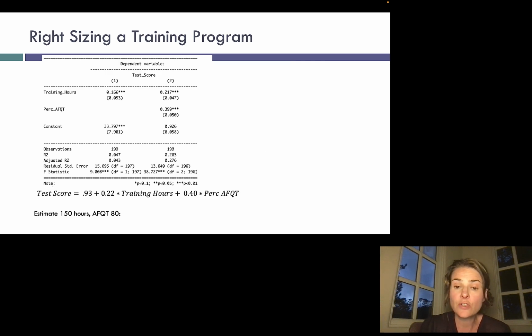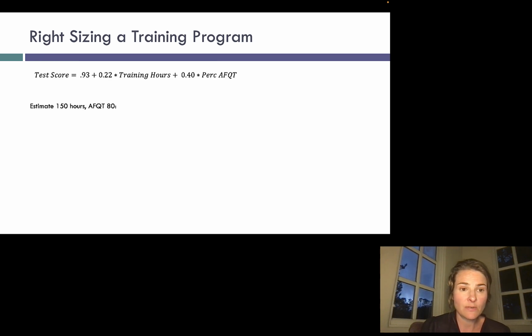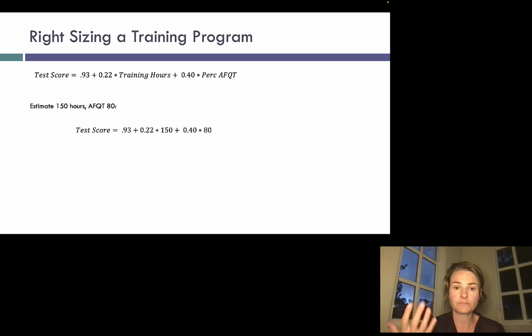Right, we can use the new model to predict test scores just like we did with the old model. Here we have 150 hours and we want a percentile score on the AFQT of 80. We plug those into our model just like we did before, and we get a predicted test score of 65.